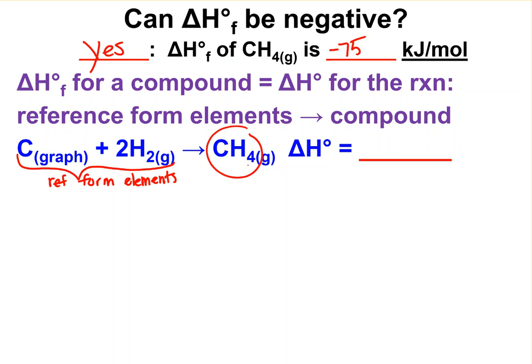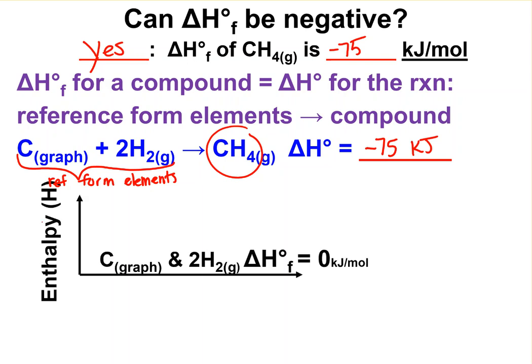So reference form elements to make that compound. The heat of this reaction is negative 75 kilojoules. And I'm making 1 mole, so that works. So that's where this number comes from, the heat of formation of CH4 methane.